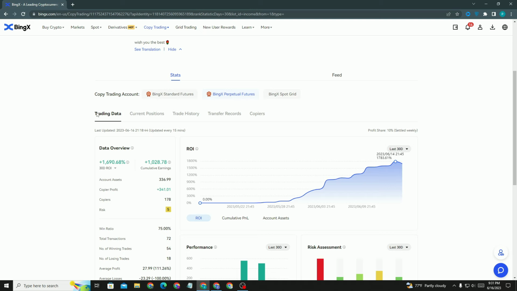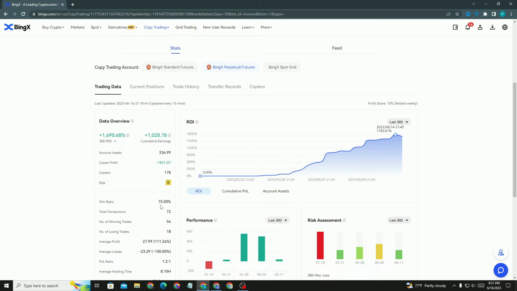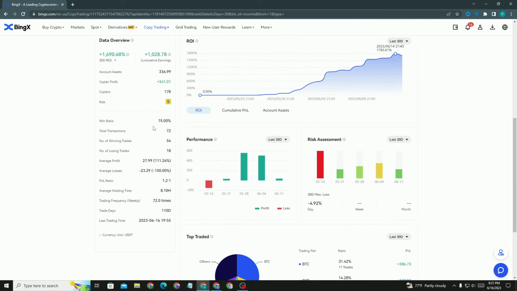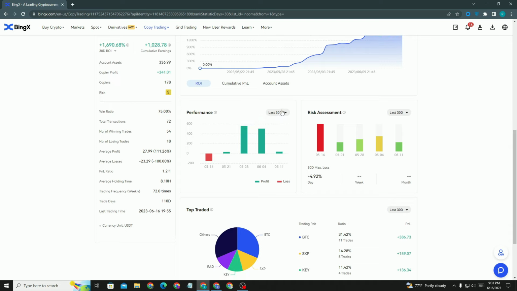And the copiers are 178, so 178 people have copied this trader. If you want to copy this trader, you can simply go through it.